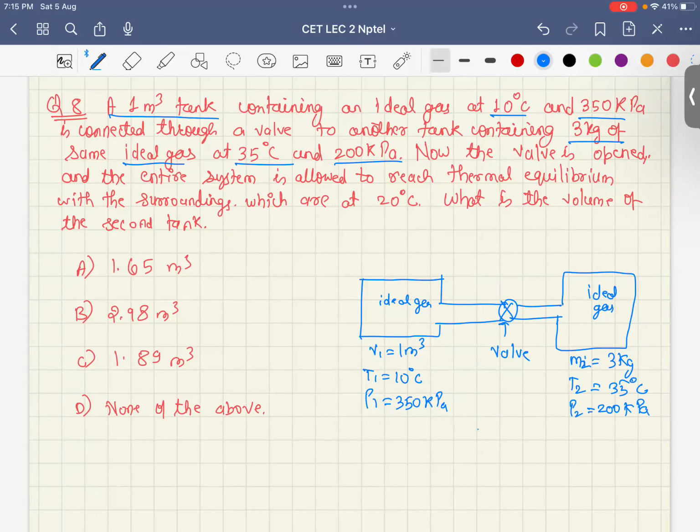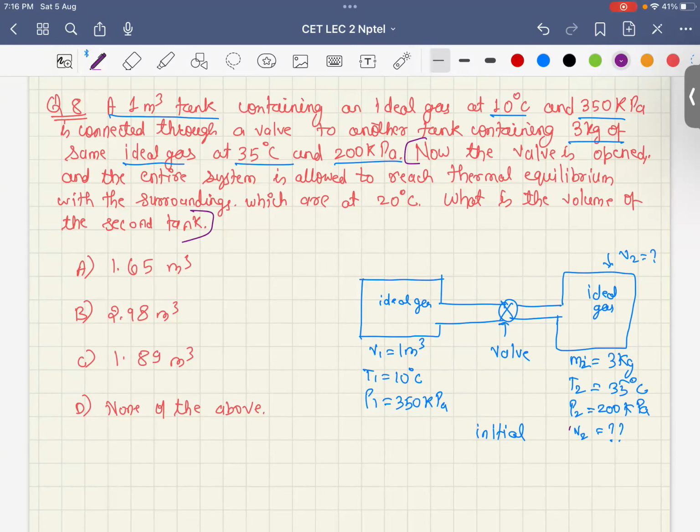So this is the initial system, right? In this present question, what we are asked is, what is the volume of this tank? What is this V2? The rest of this information is going to be useful in the next question.